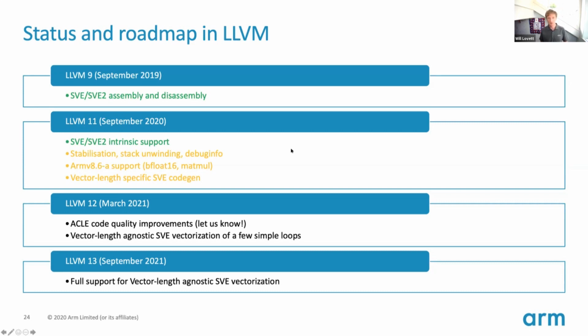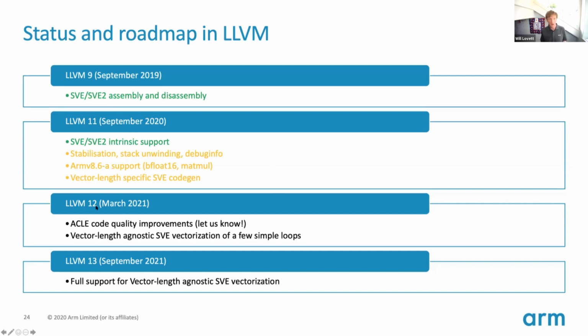Sander's team, Sander being the person leading much of this effort, are currently working on stabilization of that, stack unwinding and debug info, and extending it to cover the new v8.6 instructions. And meantime, Paul Walker is busy upstreaming support for code generation of known width SVE when you give the -msve-vector-bits flag.